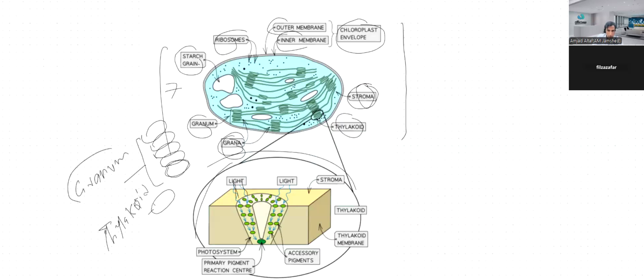There's a primary pigment reaction center here. These are the accessory pigments, the other related pigments. And here is the stroma, again just like the stroma that we have here. And this is the thylakoid membrane that we can see here.